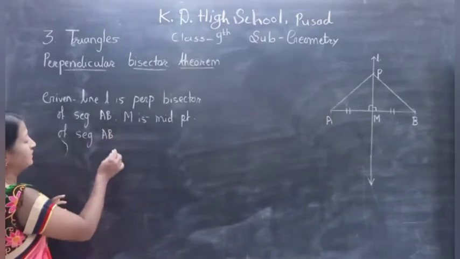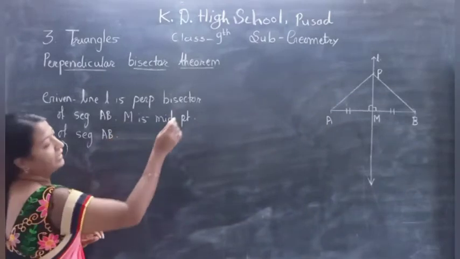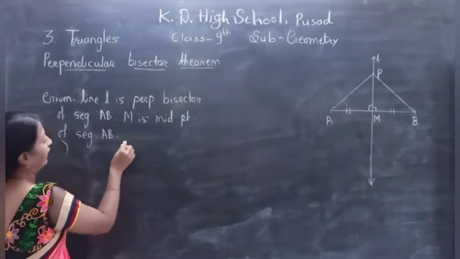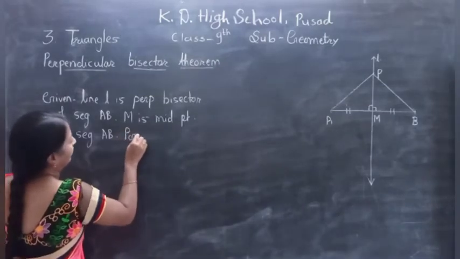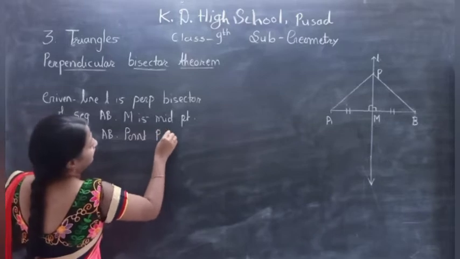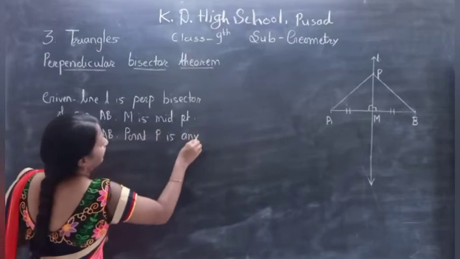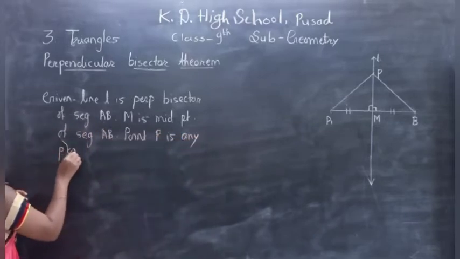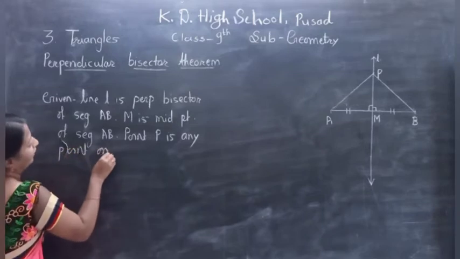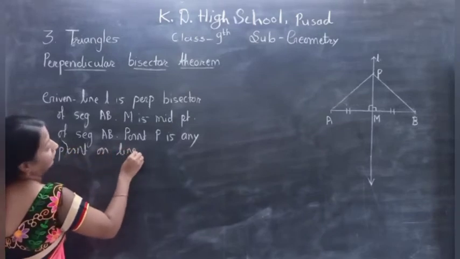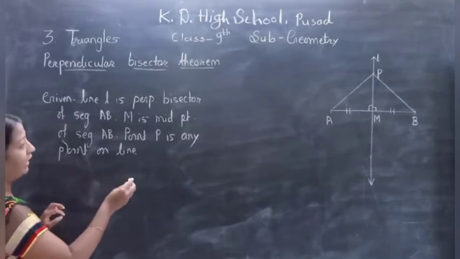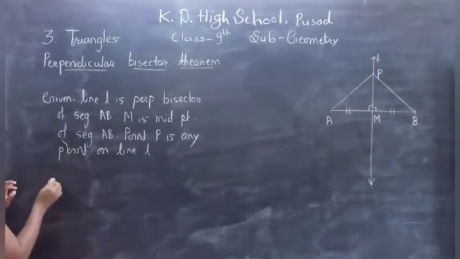And next, point P is any point on line L. Okay. Now what we have to prove here?